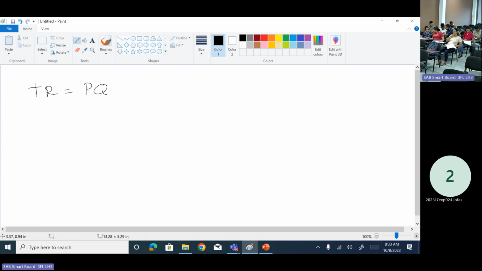So the average revenue means PQ divided by Q, which equals price.